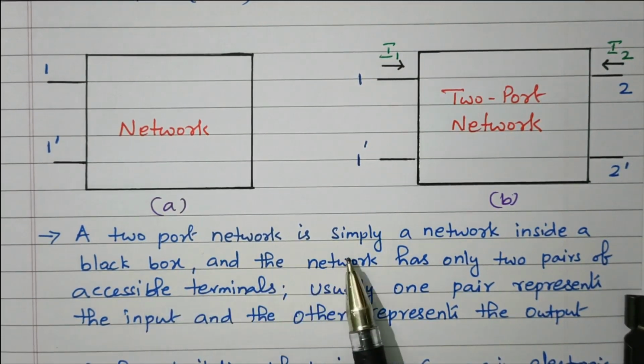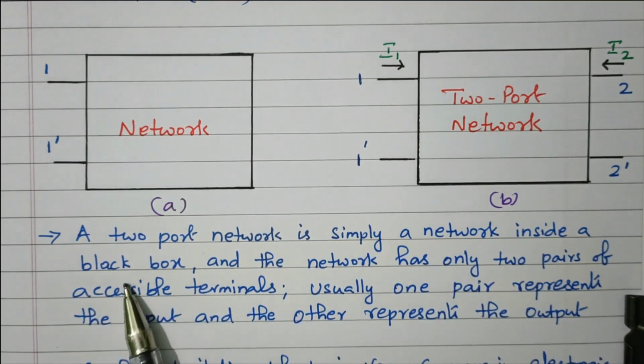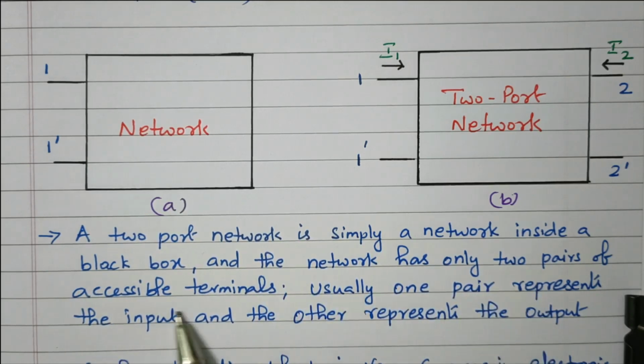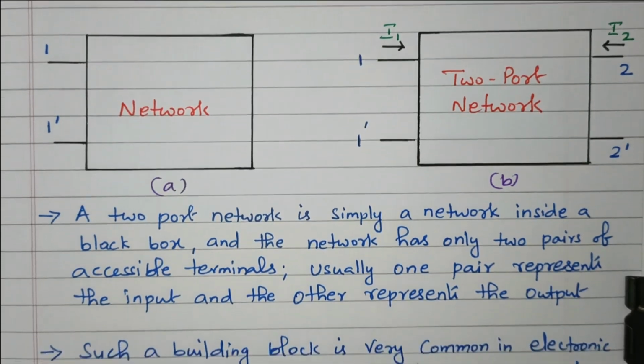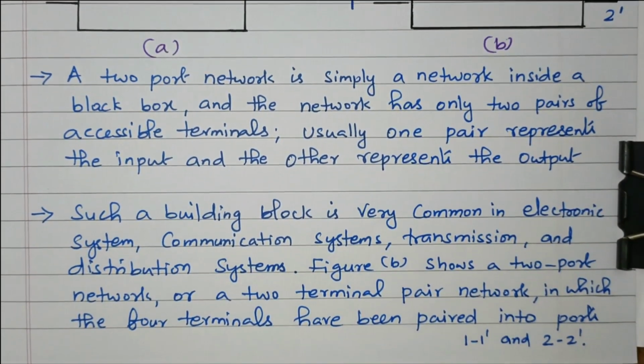A two-port network is simply a network inside a black box, and the network has two pairs of accessible terminals. Usually one pair represents the input and the other pair represents the output.